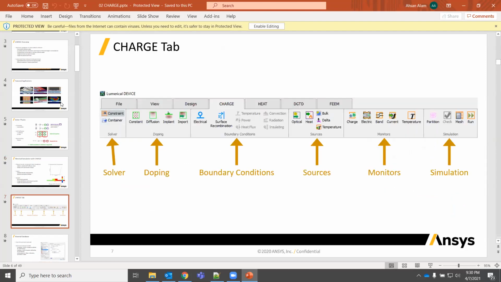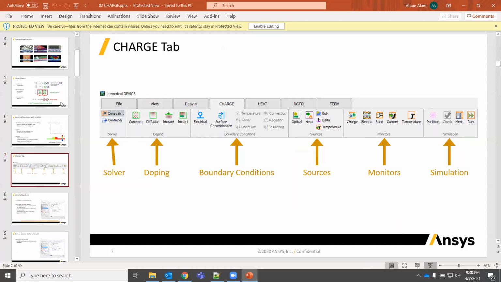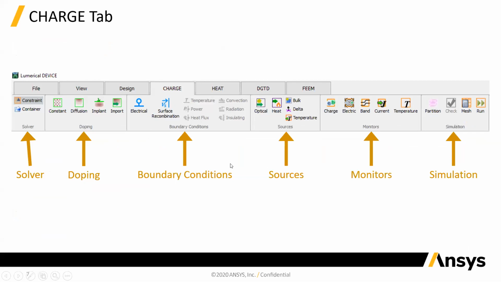So again, this is the charts tab, but maybe we can take a closer look now. So when you're doing a chart simulation, these are some of the things that are available to you. On the very left-hand side, the constraint object is something that's very useful. When you run a simulation, the first thing the solver does is it generates a simulation mesh, a finite element mesh.